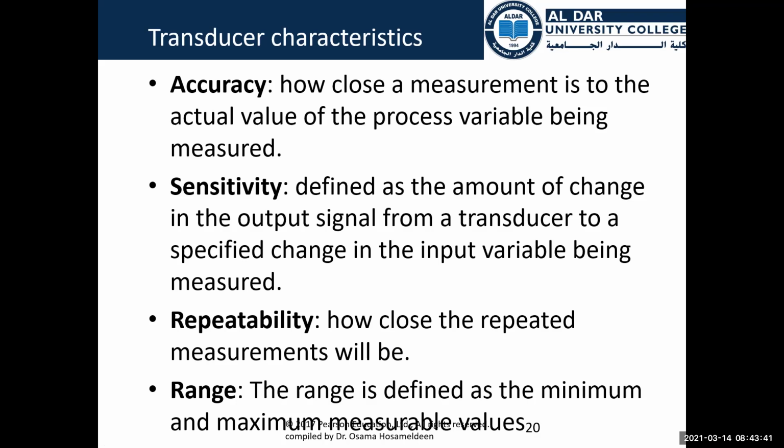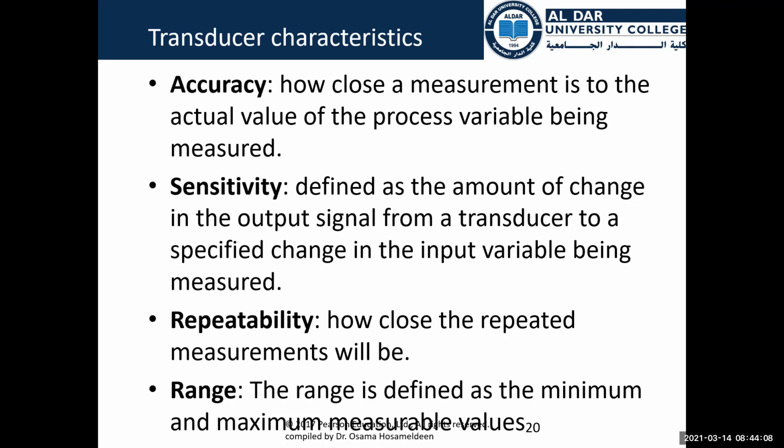For example, the range of a weight sensor for cars is different from the balance used for humans. Also, the range of a balance used for gold would be different, because the weight is different in all cases.